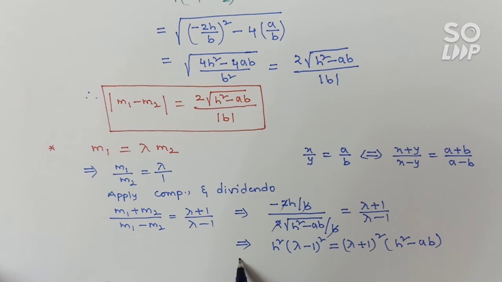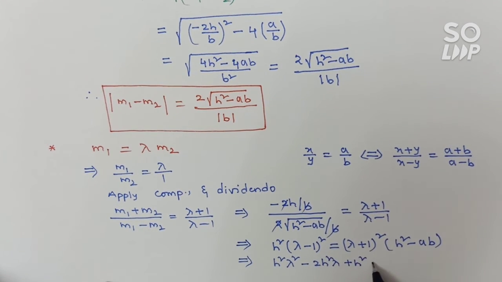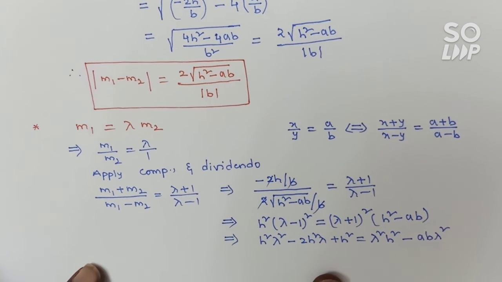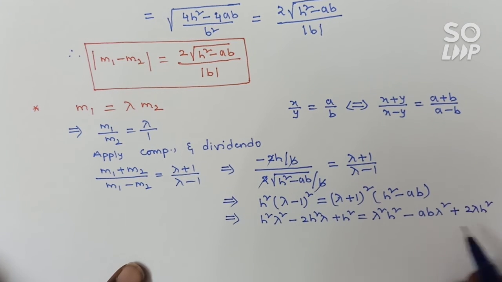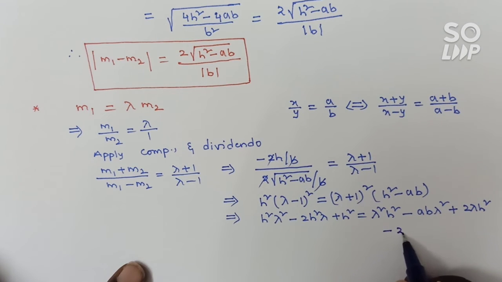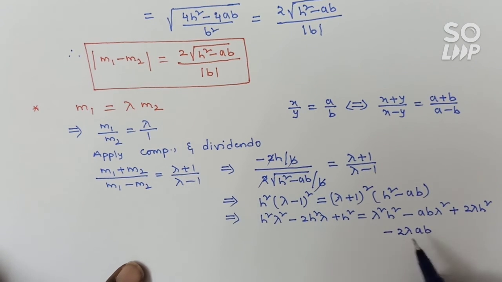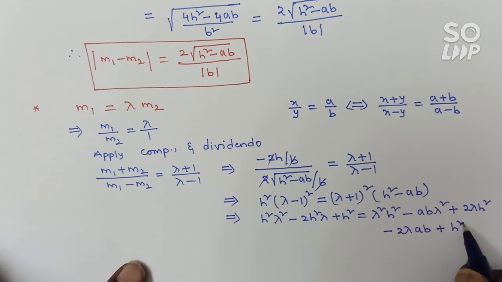See, here h square into lambda square minus 2h square into lambda plus h square is equal to lambda square into h square minus ab into lambda square, plus 2 lambda into h square minus 2 lambda into ab, plus h square minus ab.